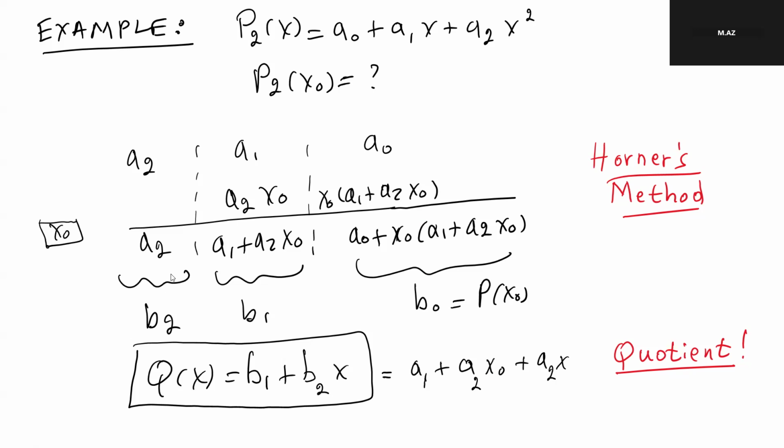We have a2 x plus a constant, a1 plus a2 x0. This is the quotient of this equation, and if we evaluate this quotient at x0, the answer is a1 plus 2 a2 x0.